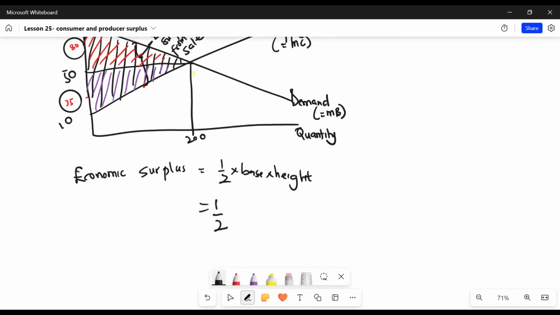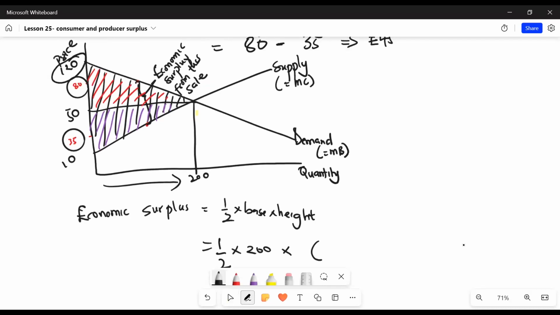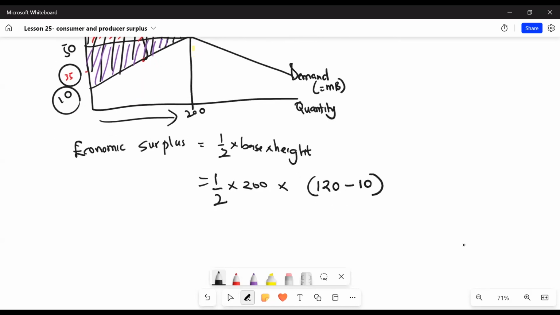So we have half, and the base of this triangle is again 200, and the height of this triangle is 120 here, which is the intersection of the demand curve, and then subtract 10 from that, which is the intersection of the supply curve.